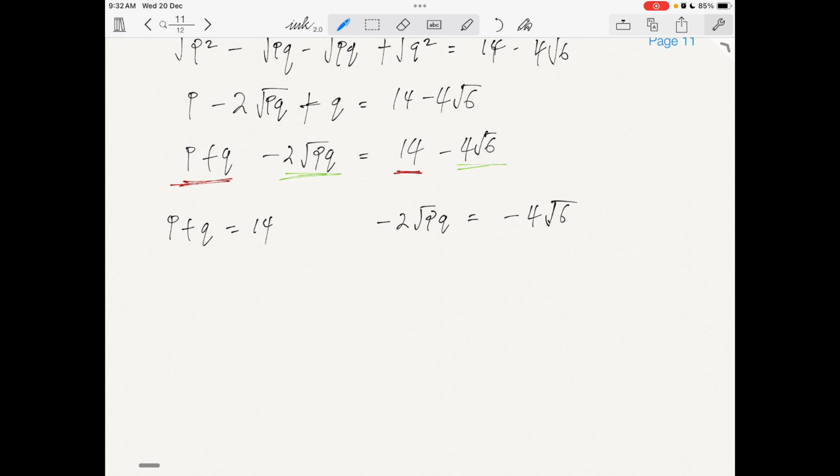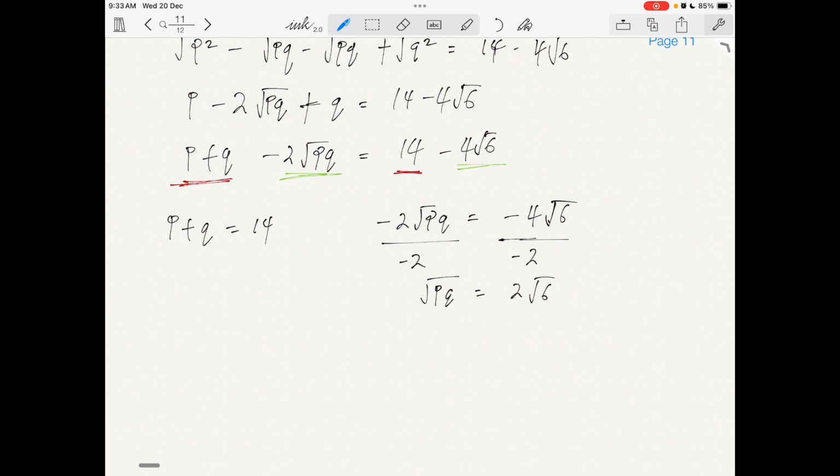Now let's divide both sides by minus 2. So you have that root pq is equal to 2 root 6.